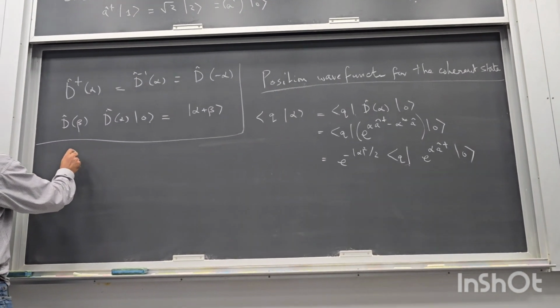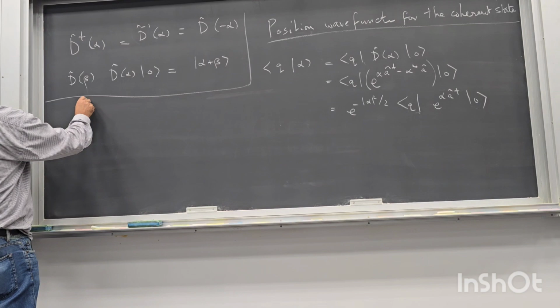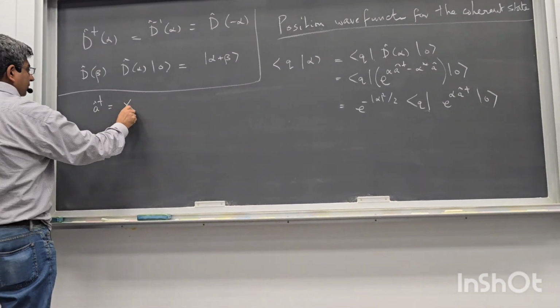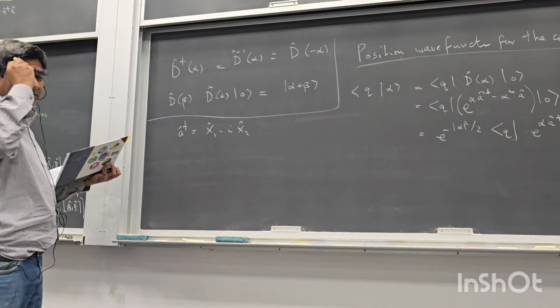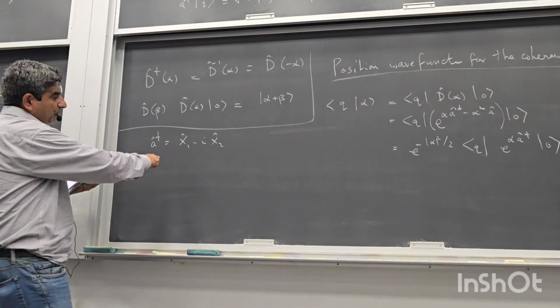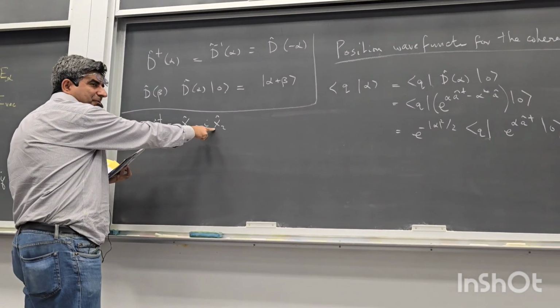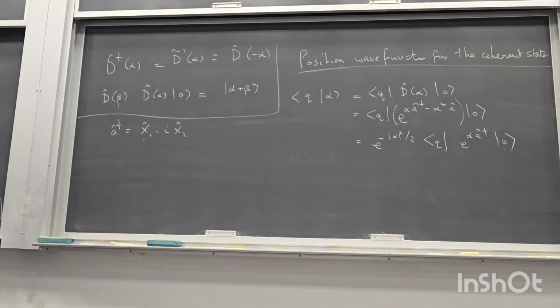from my earlier ramblings that my a† is x1 minus iota x2, right? This is proportional to a position operator and this is proportional to a momentum operator.